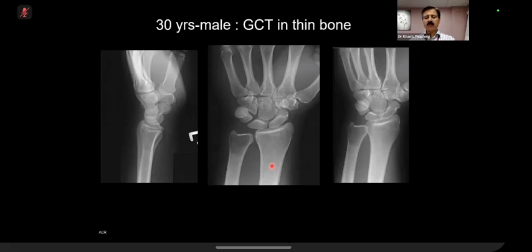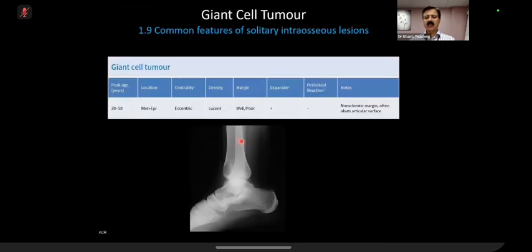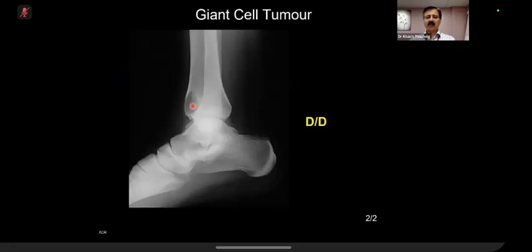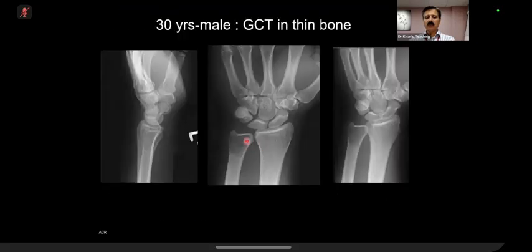This is the same concept as candidate 4, where I showed you a narrow bone non-ossifying fibroma, and here I am showing you a GCT in a narrow bone, and you will agree that it is not eccentric. Classical GCT is eccentric, right? Eccentric means on one side. But here, because there is not enough area within the bone, it can be more central, just to make the same point.